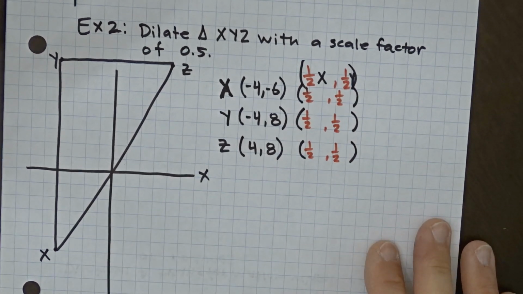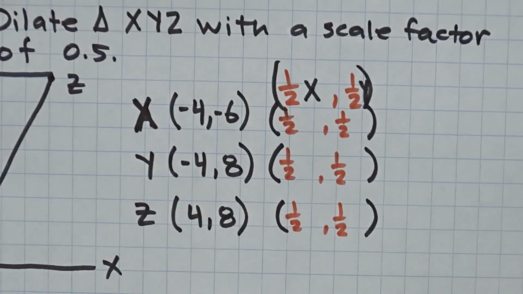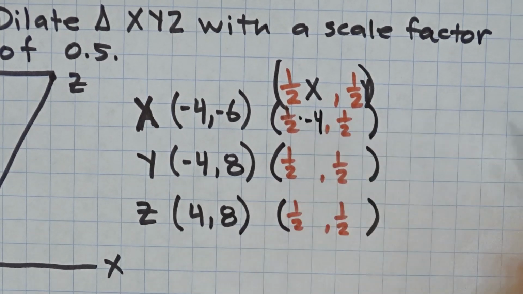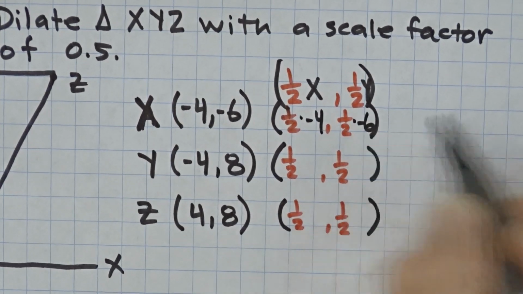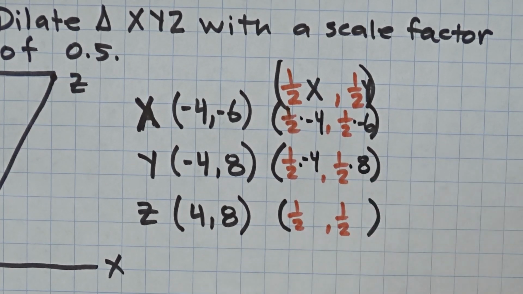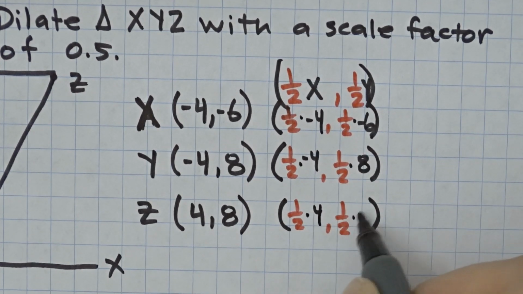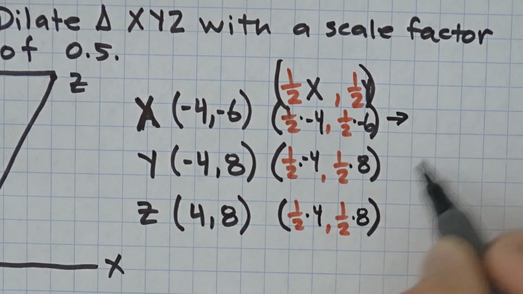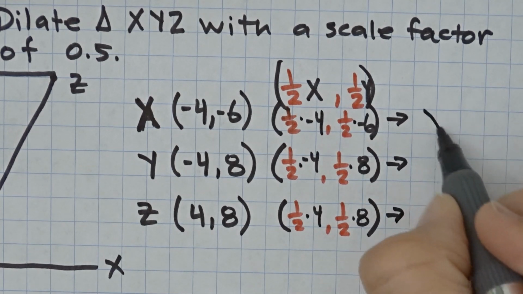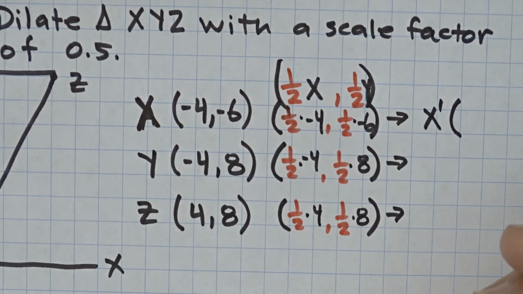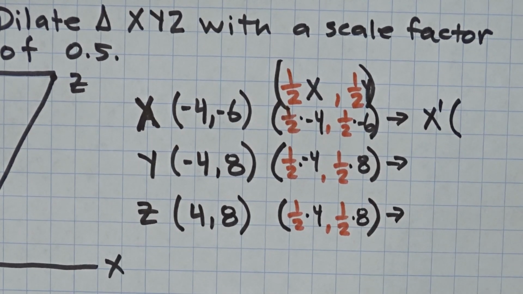Now we just put in our rule. Put in our coordinates actually. Times negative 4, times negative 6, times negative 4, times 8, times 4 and times 8. So what are our new image? Now instead of 1/2 times negative 4, the operation multiplication, you can use the word of.